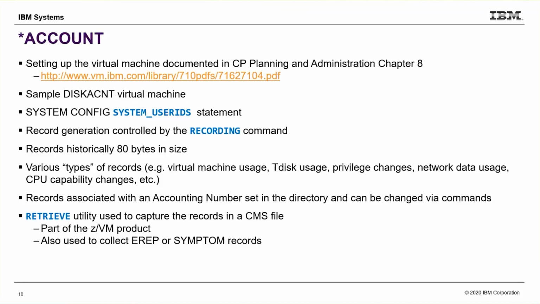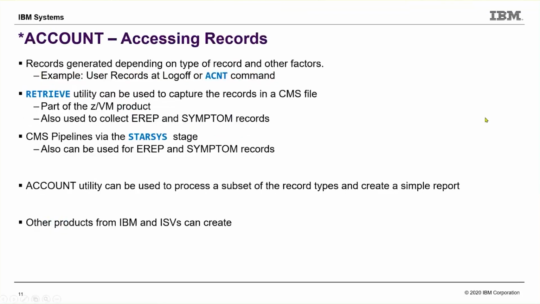Right? And so if we play with this on our second level systems, that will probably be how we do that. So depending on the type of accounting records, and remember these are types, that's the nomenclature we use, it will be generated or triggered by different things. So for the type 1 that are associated with a virtual machine, that will be triggered by things that log off.